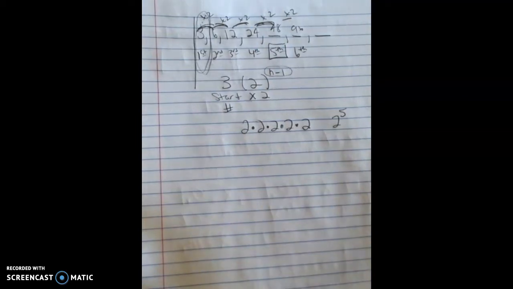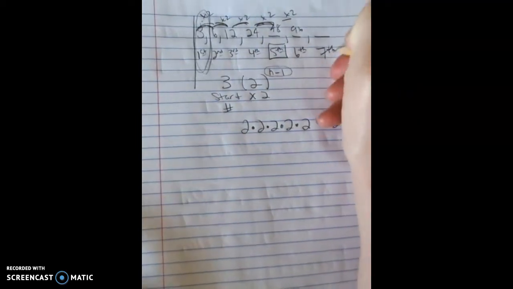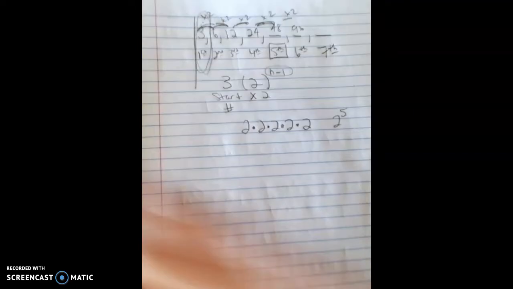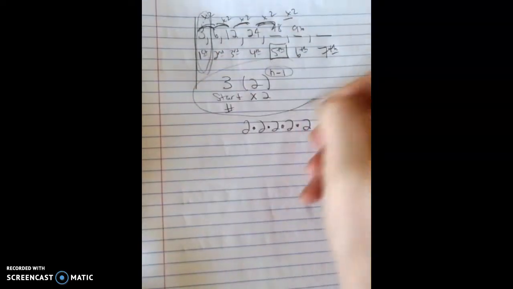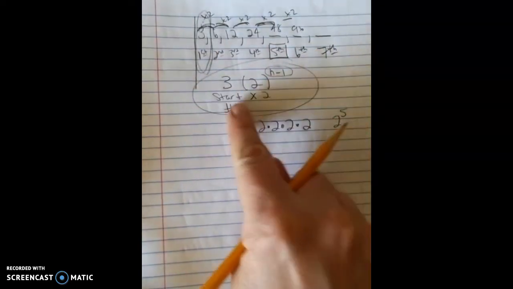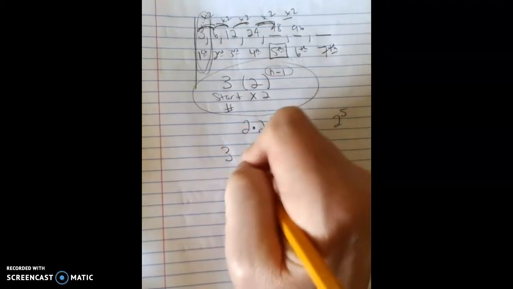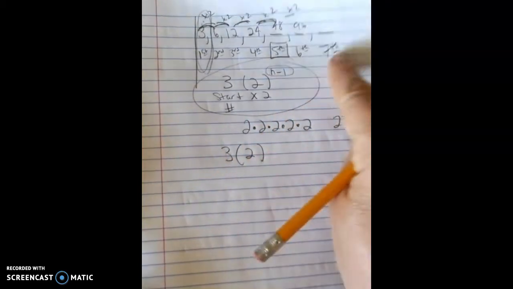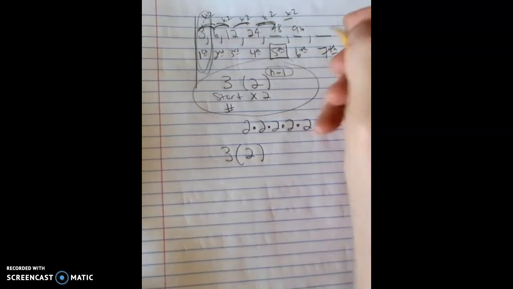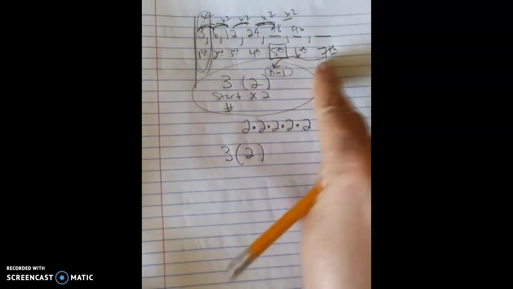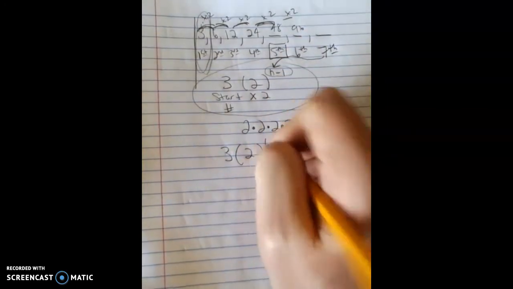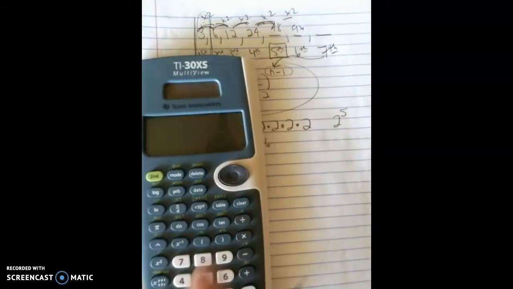Okay, and we can test it out. We think the 7th number is what? Well, let's use this formula, and it should predict the 7th number, and then we'll see if it's right. So I have 3 times 2. If n is 7, I'm going to sub my 7 in. 7 minus 1 is 6. So I'm going to try that on my calculator.